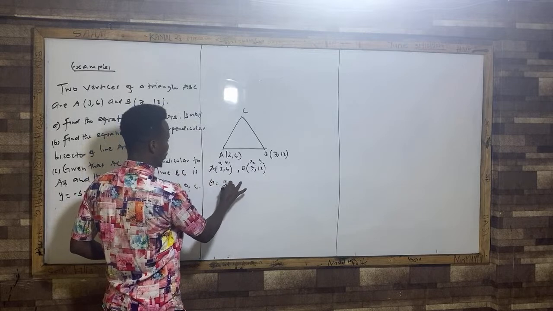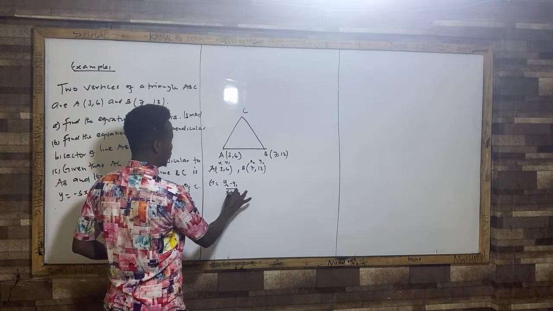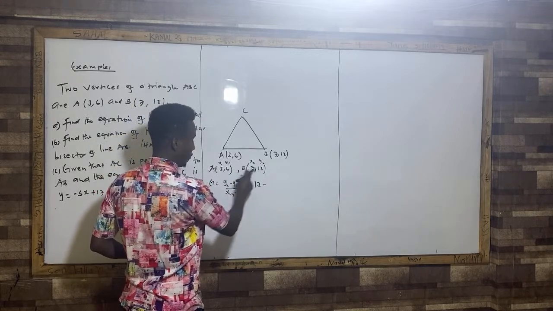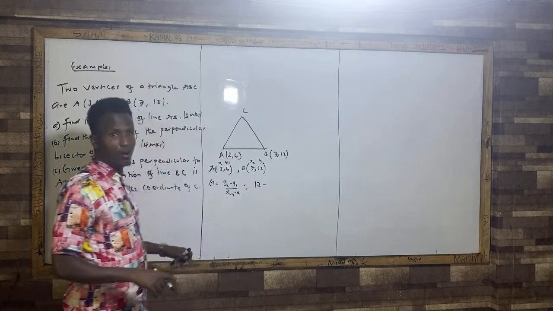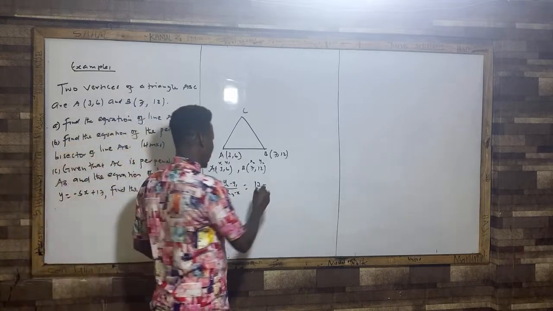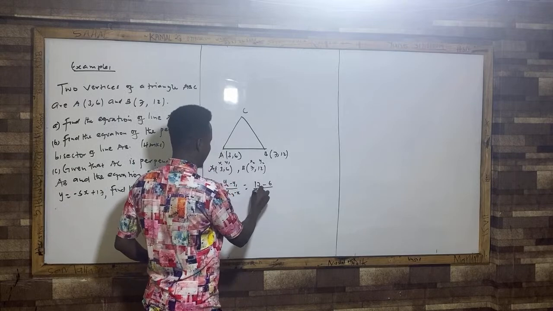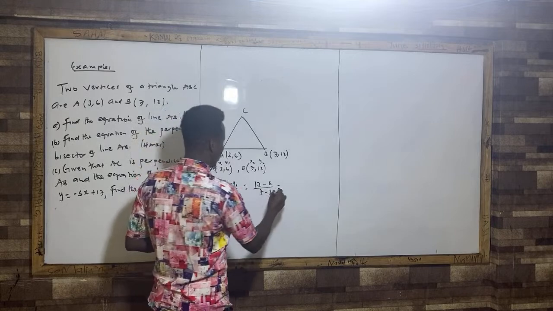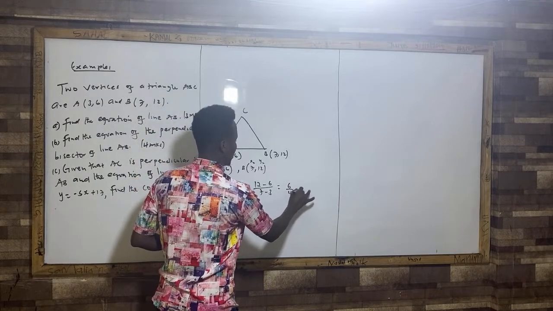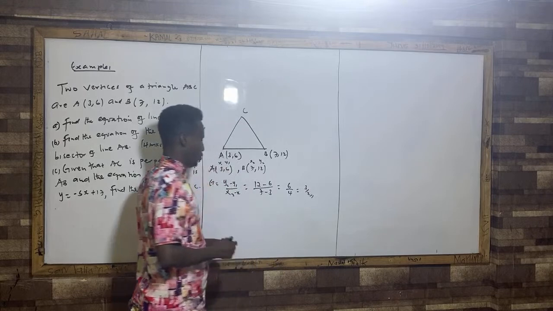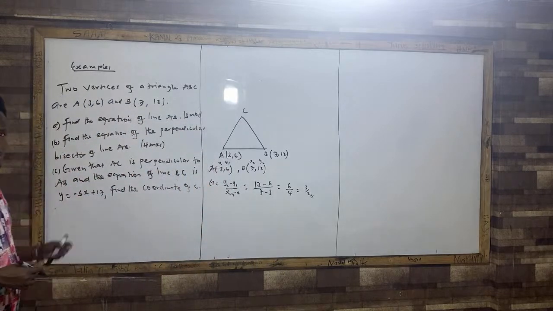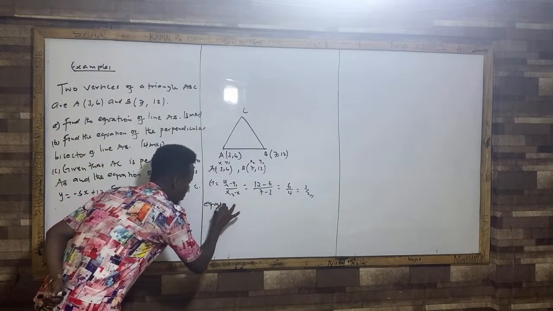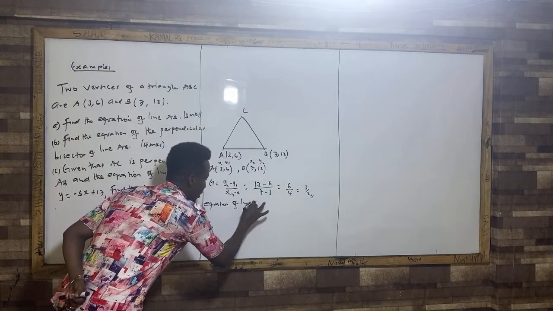Gradient is equal to (y2 minus y1) all over (x2 minus x1), which is equal to 12 minus 6 divided by 7 minus 3. This will give me 6 out of 4, which is finally 3 out of 2. So that's the gradient. Now we can get the equation of the line. We can say equation of line AB.